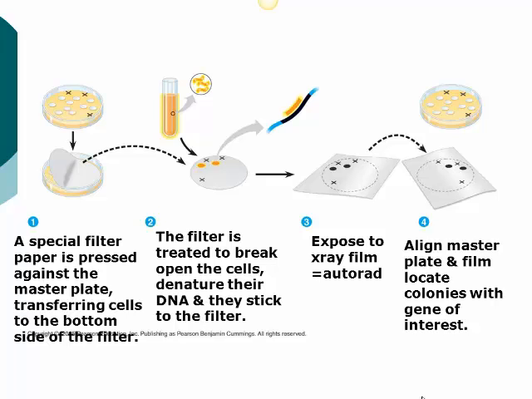And then I do what's called an autorad, and I expose it to X-ray film, so wherever my radioactive probe binds, I'll be able to see. And then I can go back and align that paper with my plate and know what colonies of bacteria have the gene that I'm interested in. And that's the end of the show.